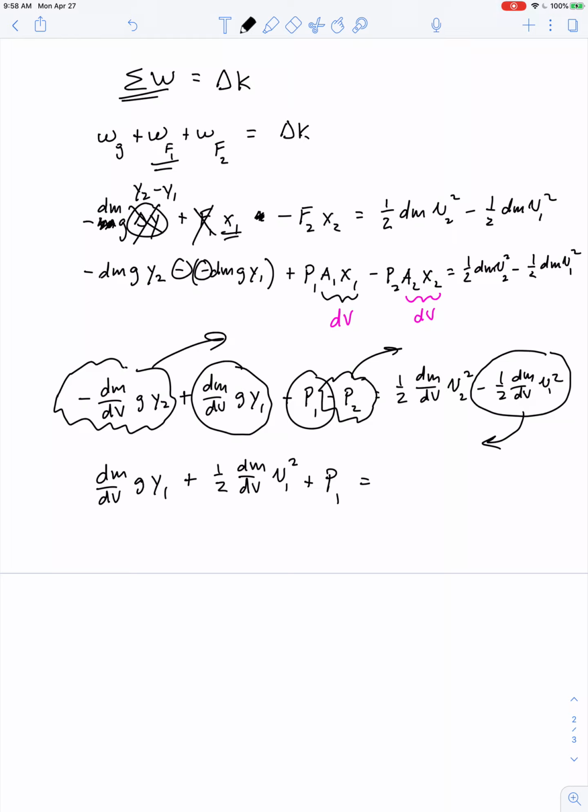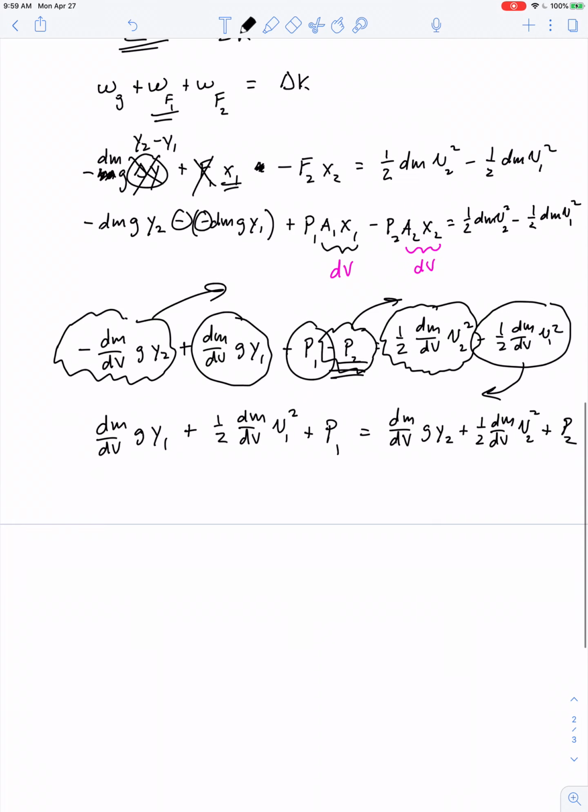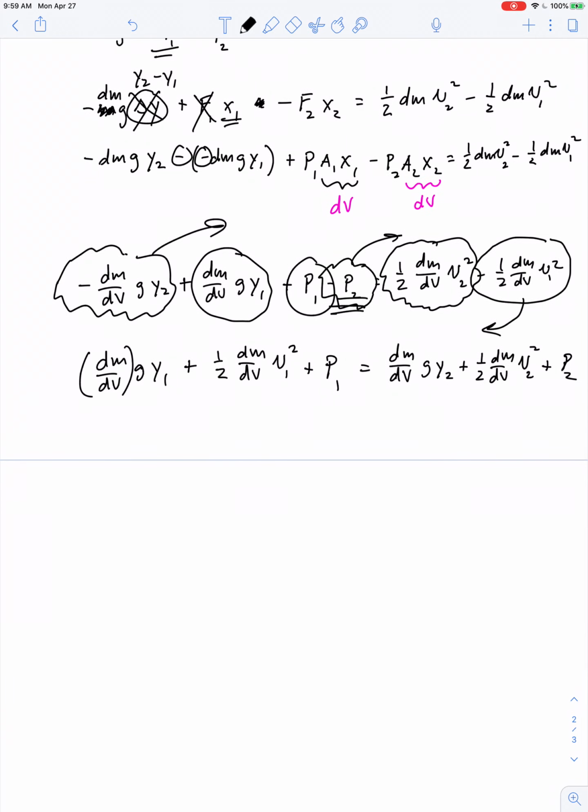So we get dm/dV g y2 plus, we already have this expression on the right side of the equation, so plus 1/2 dm/dV v2 squared, and then plus p2.